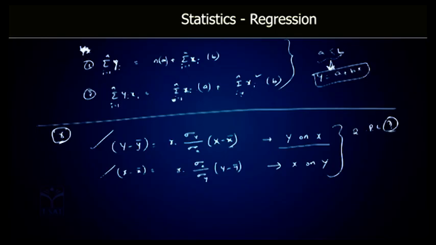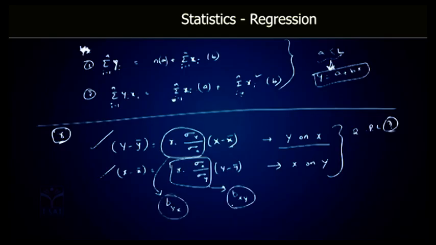This is the regression coefficient; we call it b yx, the regression coefficient of y on x, and this is b xy, the regression coefficient of the line x on y.